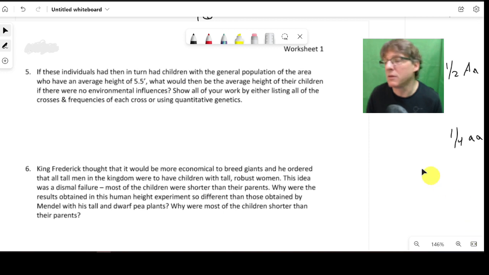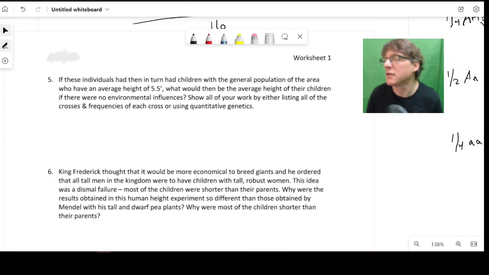So we could use quantitative genetics here, in which we calculate our average height by taking the average height times the broad sense heritability. Or in this case, we can just use Edward East.